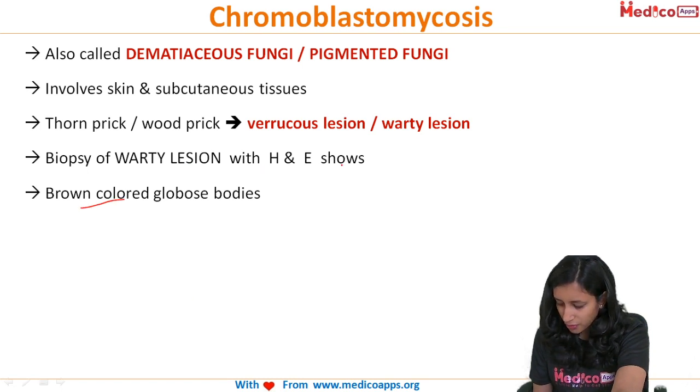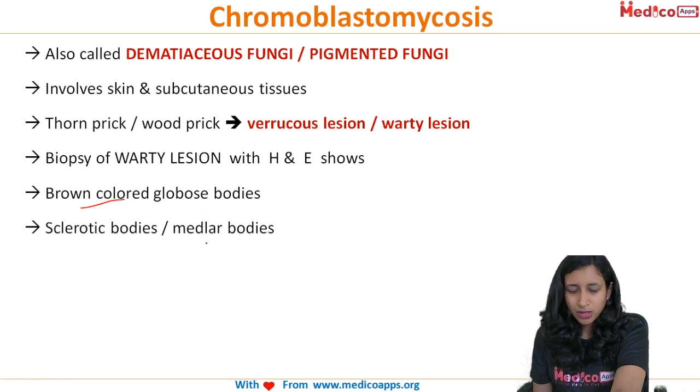And they form, so these are nothing but fungi which have the characteristic feature of forming brown thick colored wall cells. So they form brown thick colored wall cells which are known as your sclerotic bodies, or also known as medlar bodies. So this is what you need to know.